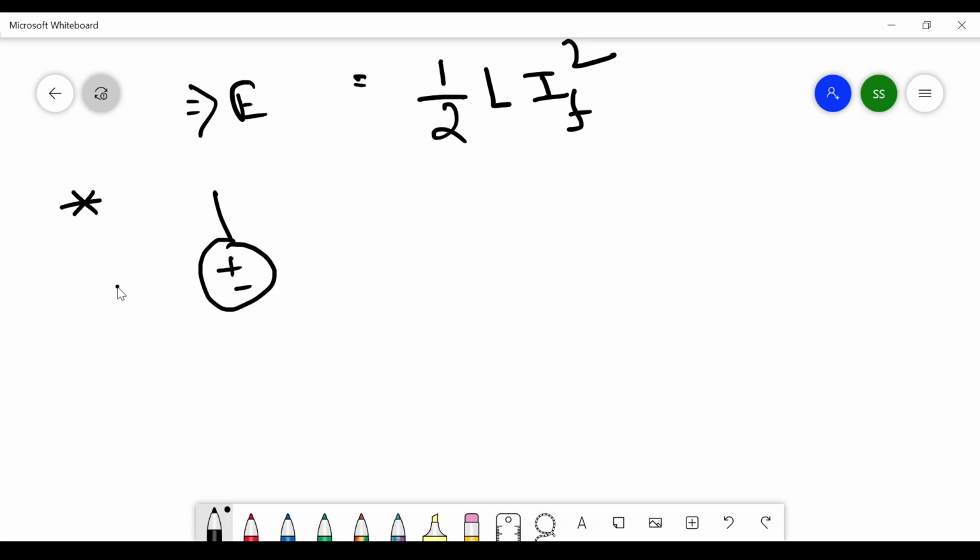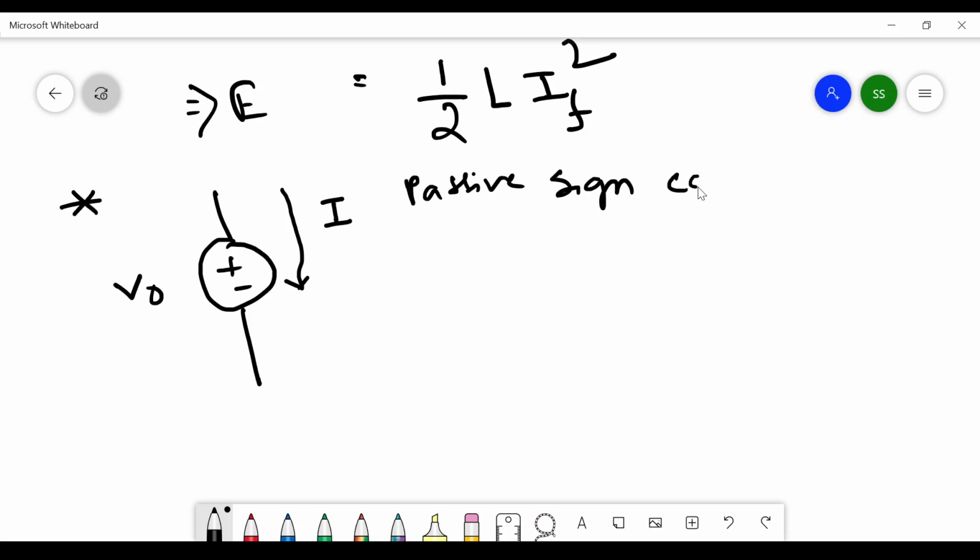This is a voltage source having voltage V0, and with respect to this, we say the positive current direction will be like this, with respect to the passive sign convention.